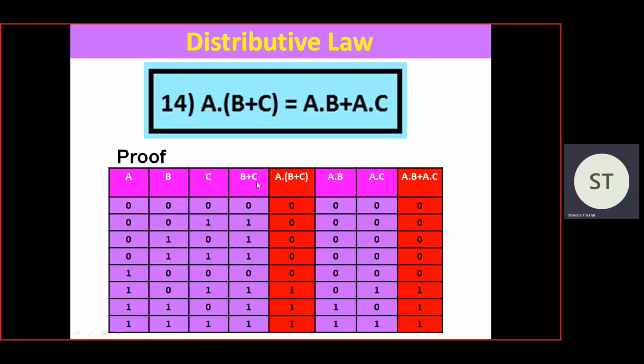Here we take ORing of B and C. So ORing of B and C is ANDed with A. Then we take ANDing of A and B, and then ANDing of A and C. Then further ORing of A and B and A and C. So this column and this column we match, these two are same, that is A ANDed with ORing of B and C, and here the ORing of A and B and A and C.